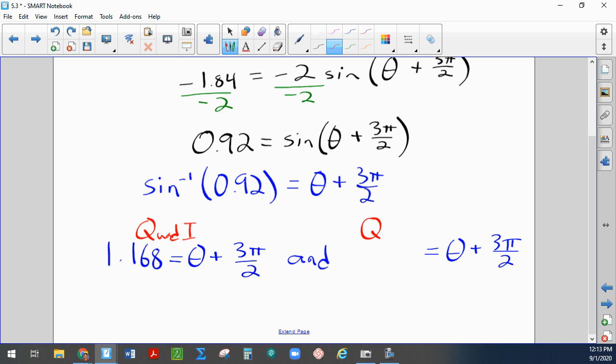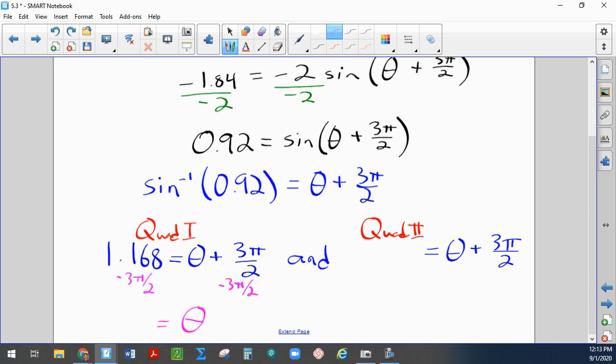I need to figure out what my quadrant 2 angle is. Okay, before I do that, I'm just going to go ahead and finish it. I'm going to subtract 3 pi over 2. So theta equals 1.168, that with all the decimals, minus 3 pi divided by 2.